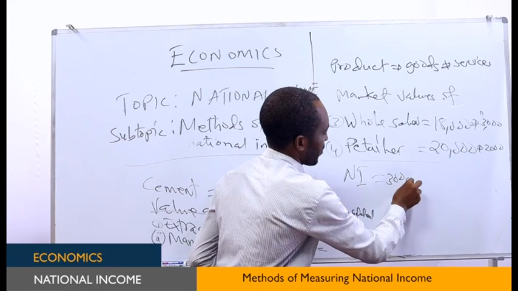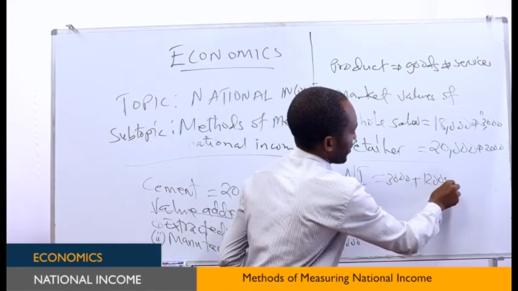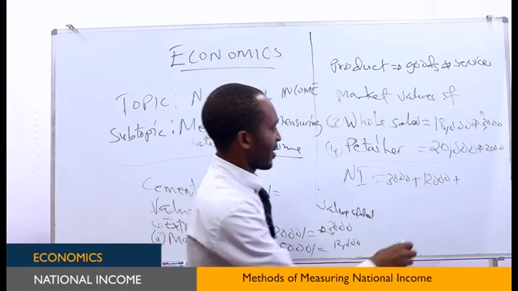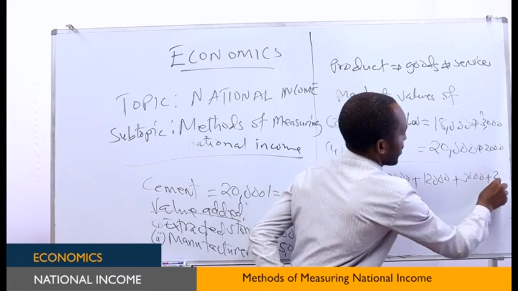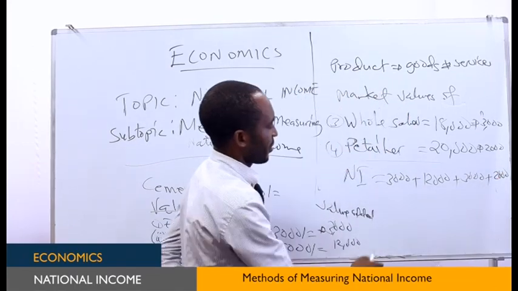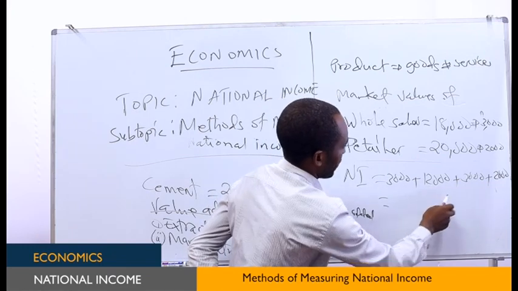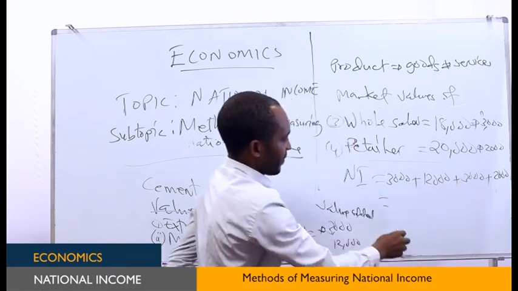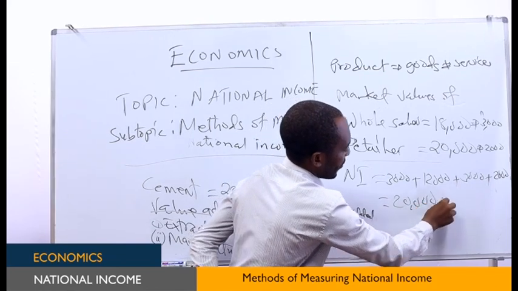You add the value added in each stage, so it will be 3,000 plus 12,000 plus 3,000 plus 2,000. So the total here will be 15 plus 5,000, which is 20,000.